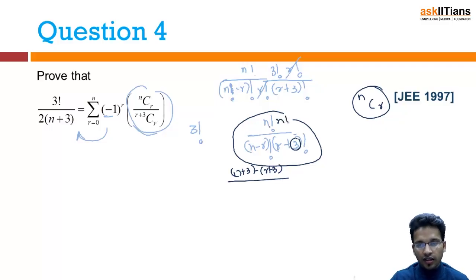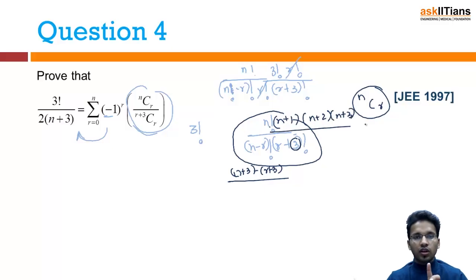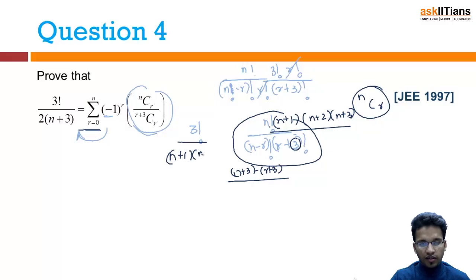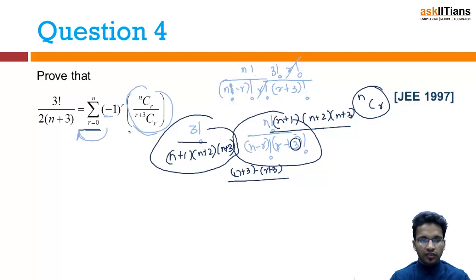Now the only thing I need in the numerator is n plus 1, n plus 2, n plus 3, because these things are not going to affect my summation part. So obviously I can keep 3 factorial here. This will be n into n plus 1, sorry, n plus 2 and n plus 3 here. So these things I don't need, meaning this is outside.